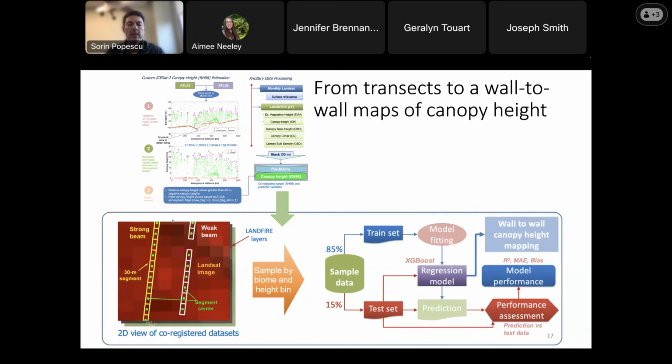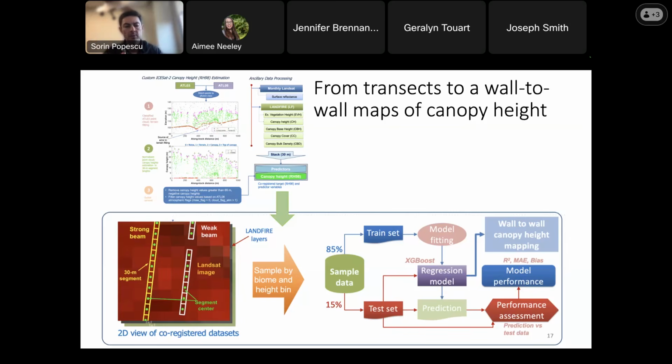So they could be used actually as ancillary data sets to model between our tracks, ICESat-2 tracks, and photon properties in whatever segment length you want, and those products to generate a wall-to-wall mapping product.